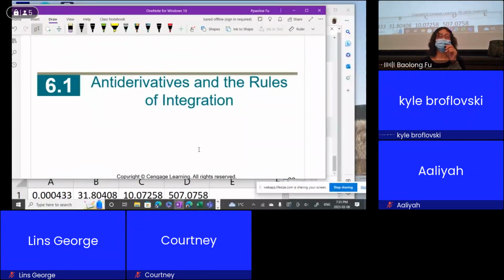So in summary, chapter 5 talks about the exponential function, the logarithm function, the derivative of the exponential function, the derivative of the logarithm function, compound interest, and finally the logistic and decay functions. Any questions before we move on to chapter 6?